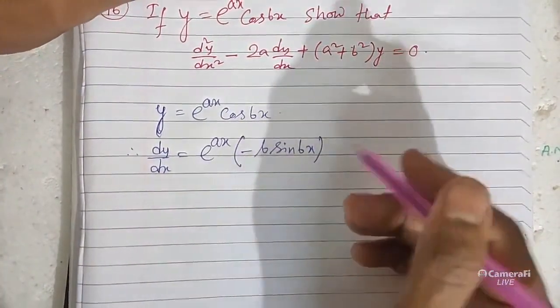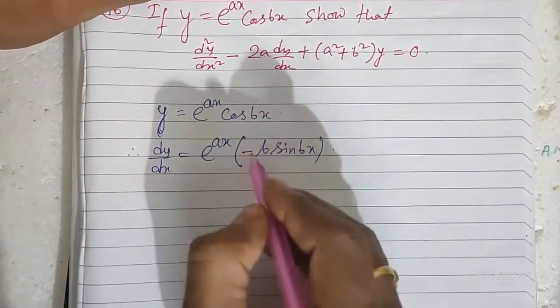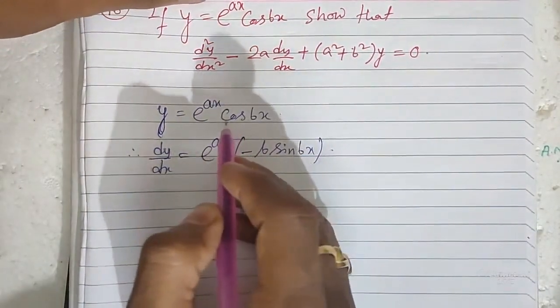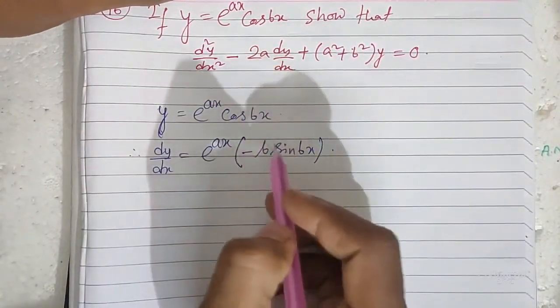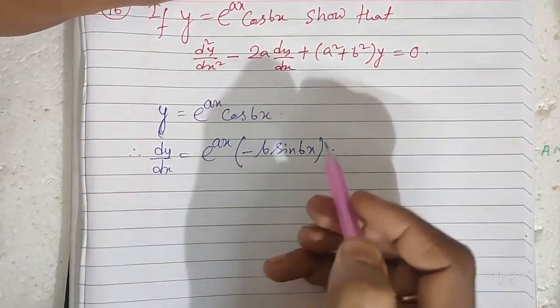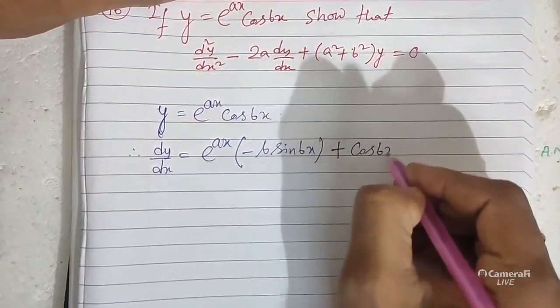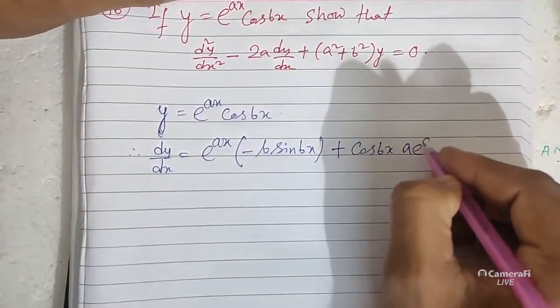Here how it comes, b sin bx, because we know that ddx of cos x is minus sin x and ddx of bx is b, so that's why minus b sin bx. In the same way, cos bx unchanged, ddx of e to the power ax, that is a e to the power ax.